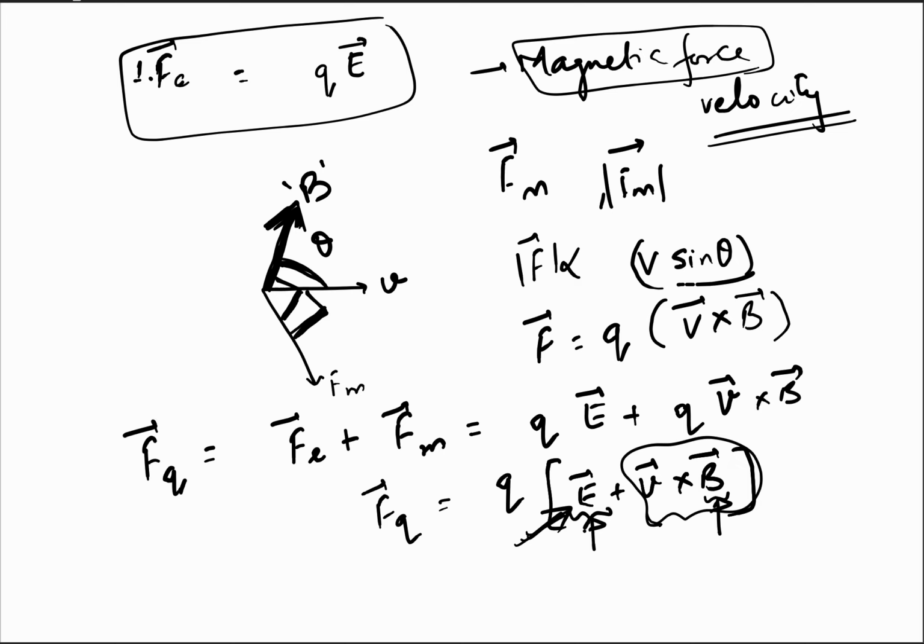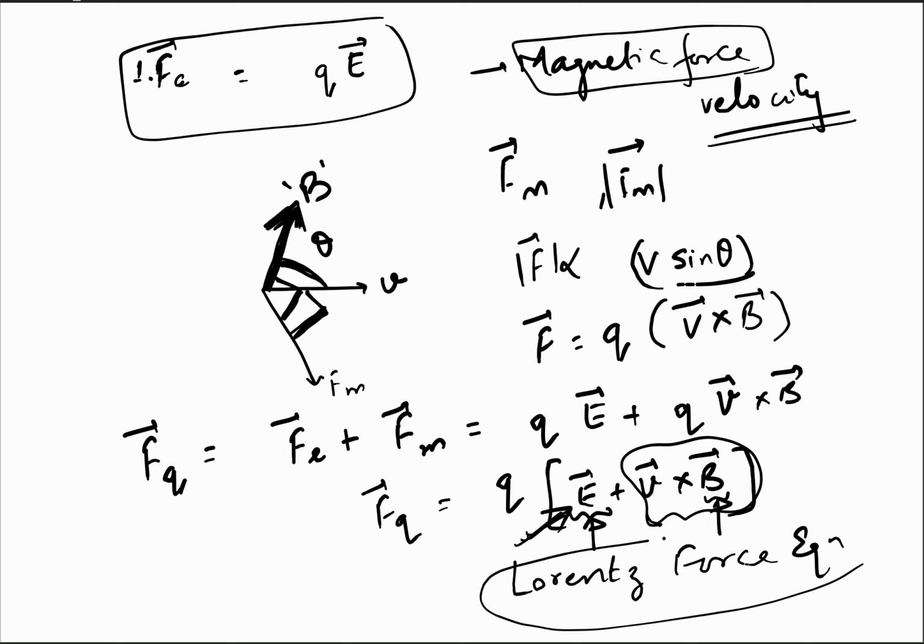So this equation is called the Lorentz force equation. Now this equation has been found correct in all the experiments, so it is a law. That is, it cannot be derived from some other quantity. It is an experimentally validated equation.